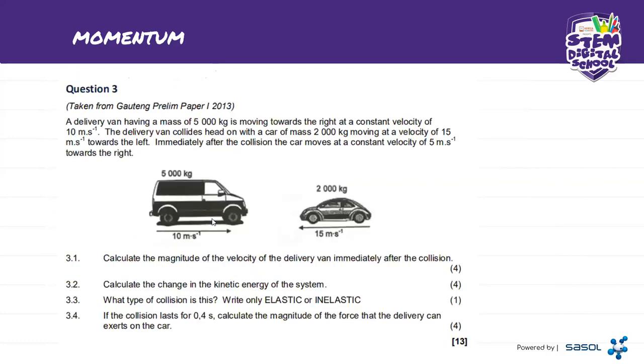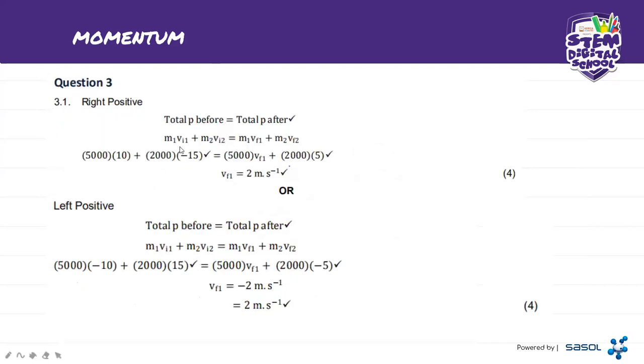So this one was going in this direction, and this one was going in the opposing direction. This is 15 meters per second, right? But after the impact, this one was going in the opposite direction, and this one as well. So that's why we have one negative there.